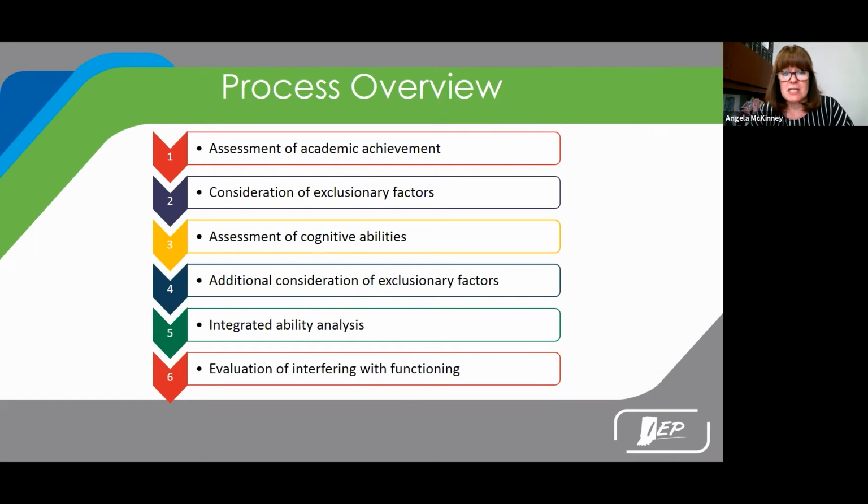Because if the academic achievement doesn't show anything, then that pretty much stops the cross-battery approach. It may not stop what you're doing as a whole for the evaluation, because you still have questions to answer. Obviously the student must have been struggling somehow. But if on paper, on tests, they've got the skill set and they can do that for you, it's not likely a learning disability, it's something else.